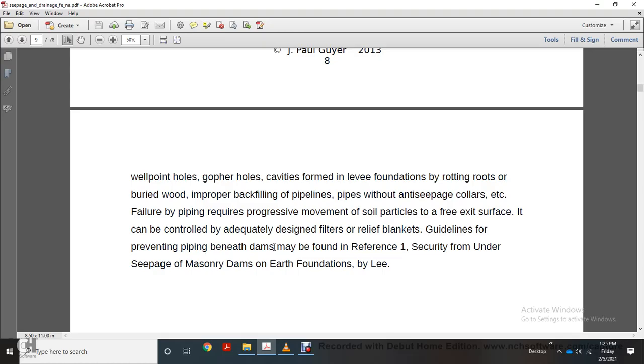Guidelines for preventing piping beneath dams may be found in reference 1, Security for Under Seepage over the Masonry Dams of Earth Foundations, by Lee.